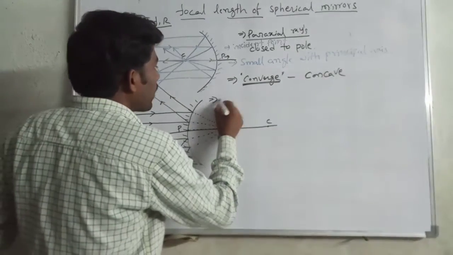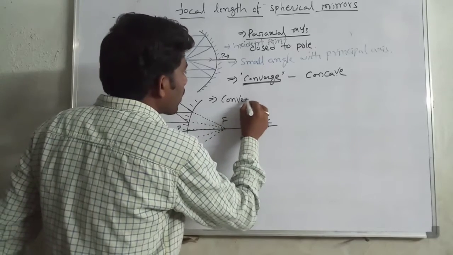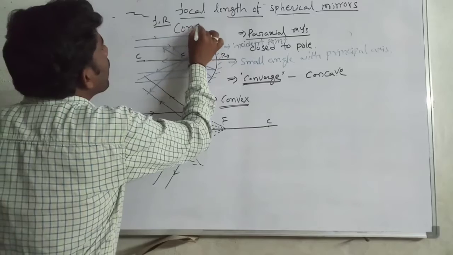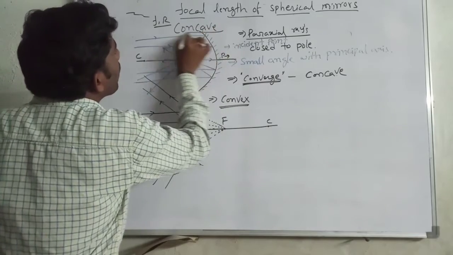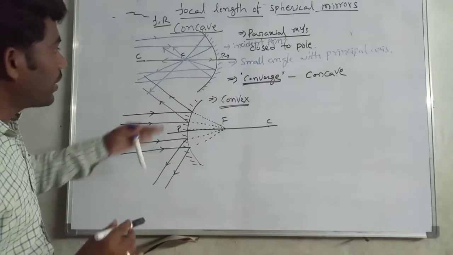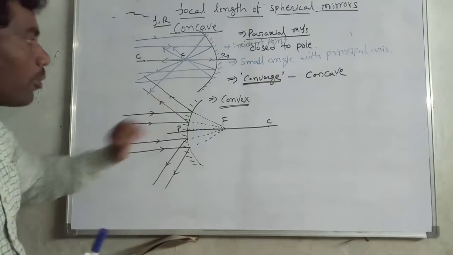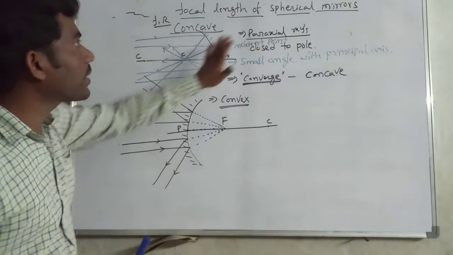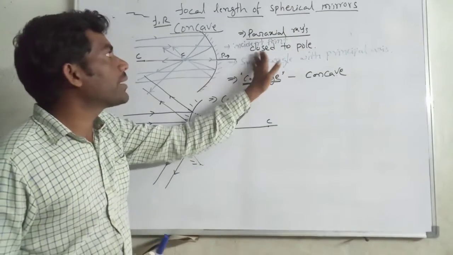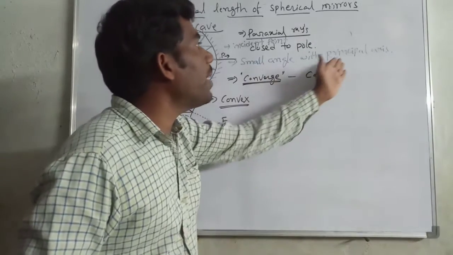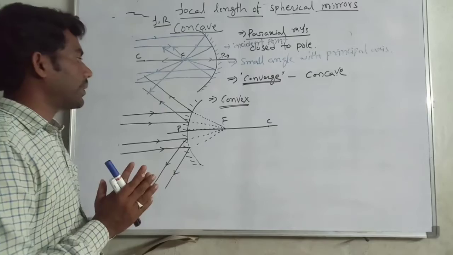This is also a beam of light incident on the mirror. Same thing, in this case also we take paraxial rays. It means the incident point is closer to the pole and makes a small angle with the principal axis.